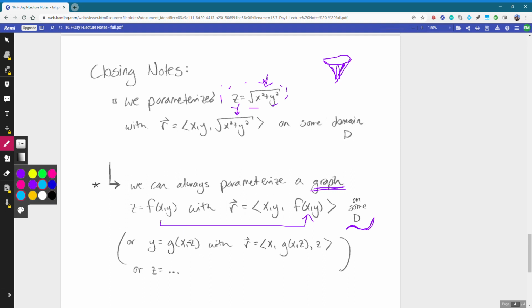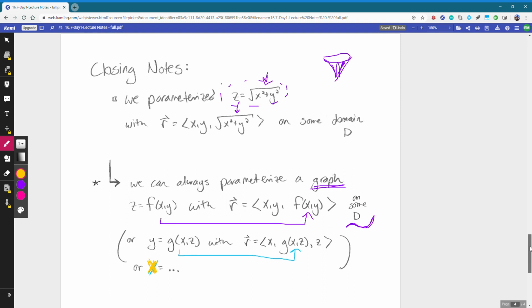We can take that function and plop it in for the y component. Similarly, if that is a typo, that should be if x is some function of y and z, we can plop it in for the x component, and we can quickly get our parameterization function at least. Might need to do a bit of work to find the domain.